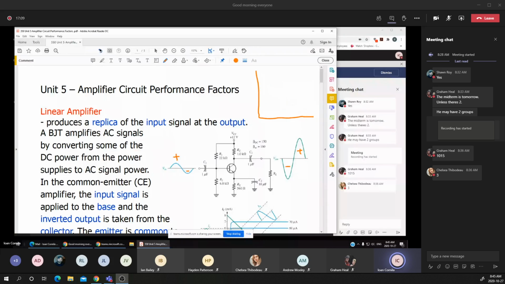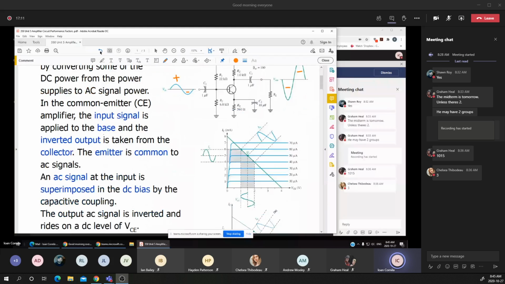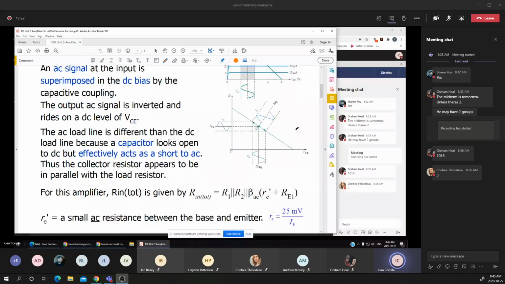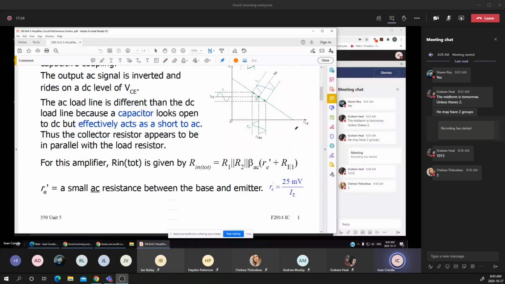That's the precaution that we have to make sure of, so that the signal is not clipped or distorted as it is amplified by a transistor or by an amplifier.